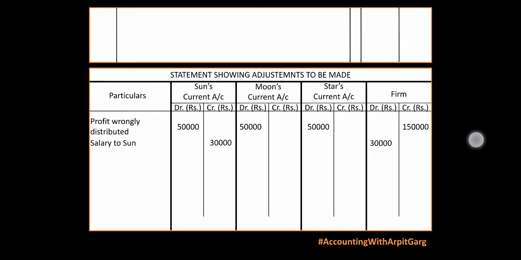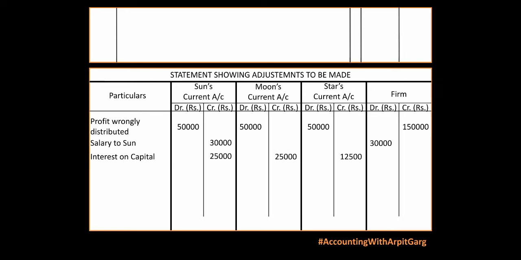Next, interest on capital at the rate 10%. So capital balances are given to us, 10% of 2,50,000, 10% of 2,50,000, and 10% of 1,25,000. We will give to the partners, so we will credit their accounts as this will increase their capital.